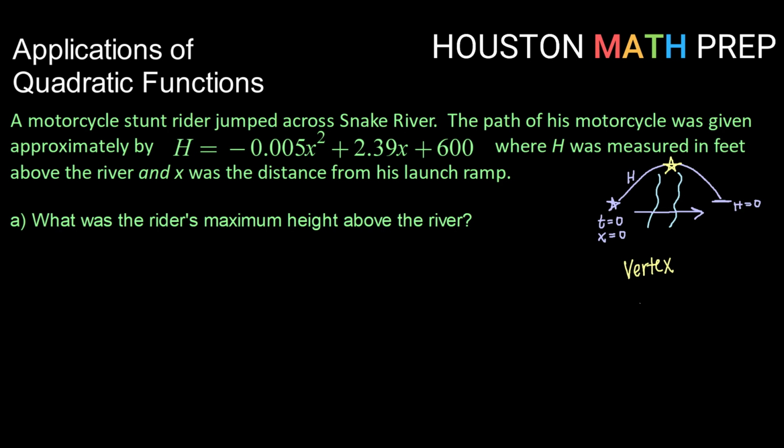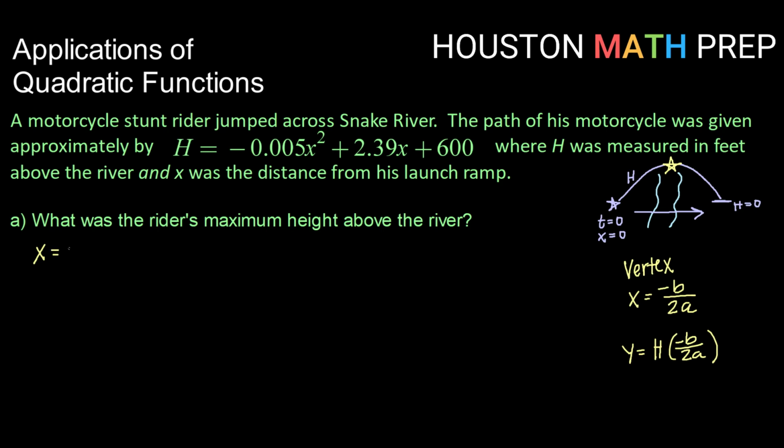In order to find the vertex of a parabola, we first find the x-coordinate of the vertex by doing negative b over 2a. Once we have that x-coordinate, we'll find the y-coordinate by plugging that value back into our equation. That will give us our maximum height. Okay, so let's get started here.